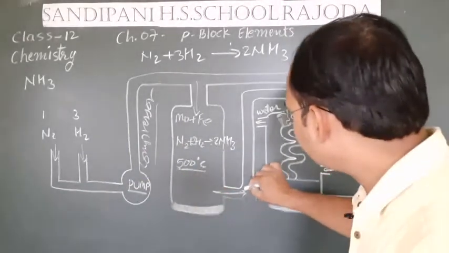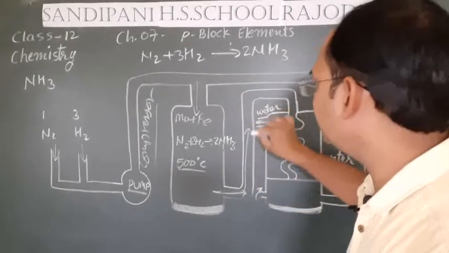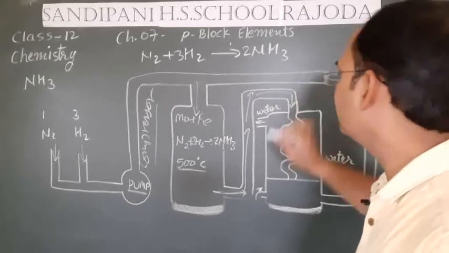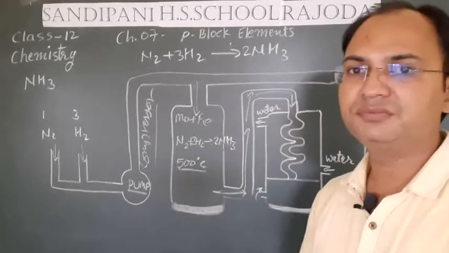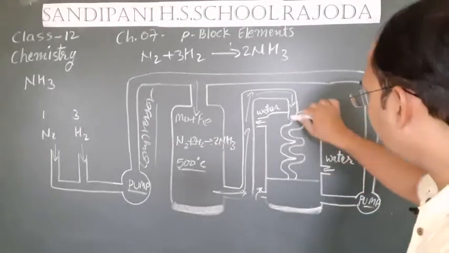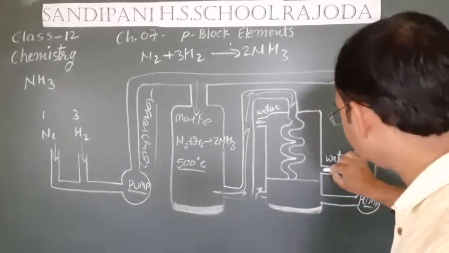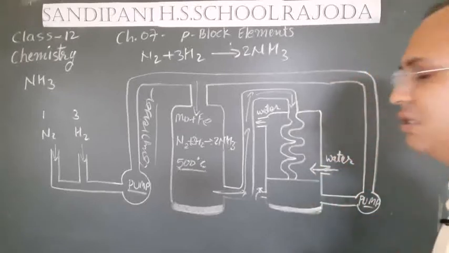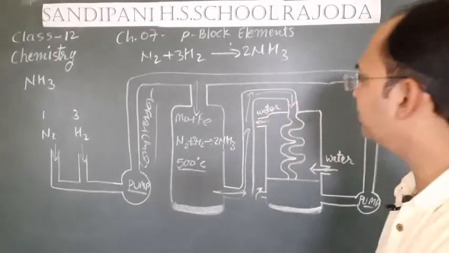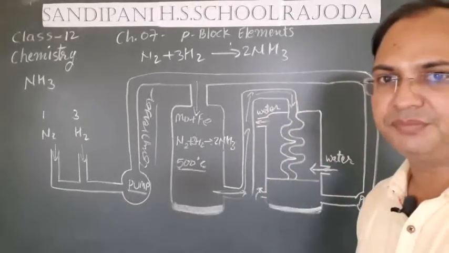So when it rushes into another chamber through this pipe, in order to cool it down, we use the water stream. The cold water enters this chamber from here and is removed from the upper pipe.